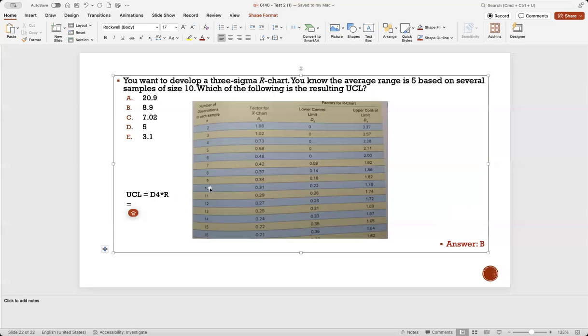When the sample size is 10, D4 is 1.78, and the average R is 5. Multiplying by 5, we get the correct answer, 8.9, so it should be option B. This is how we calculate that. And in test two, you don't have to prepare this table, because I will give it to you exactly while you're taking the exam.